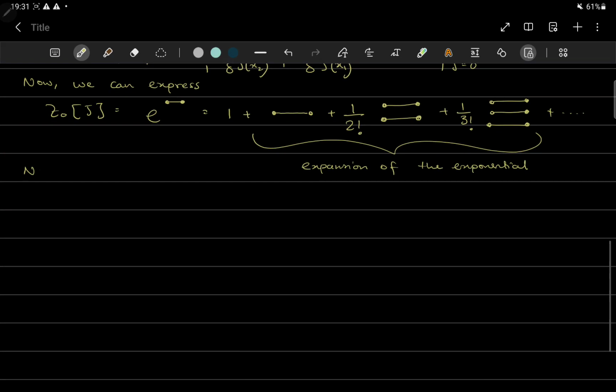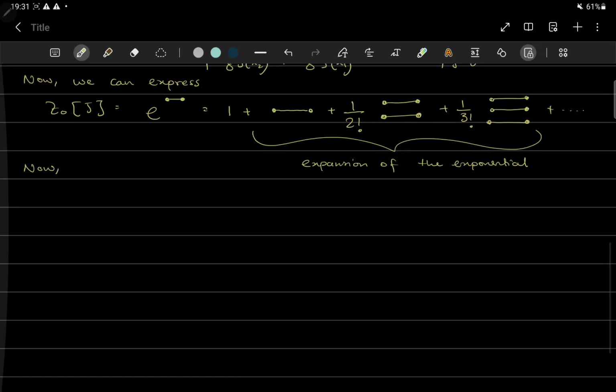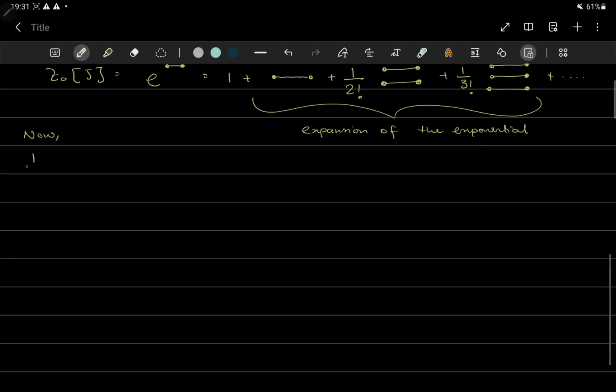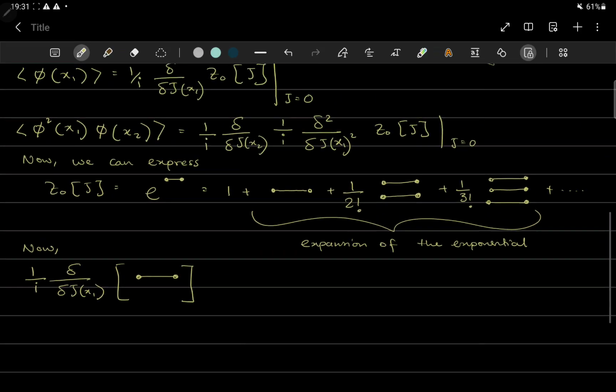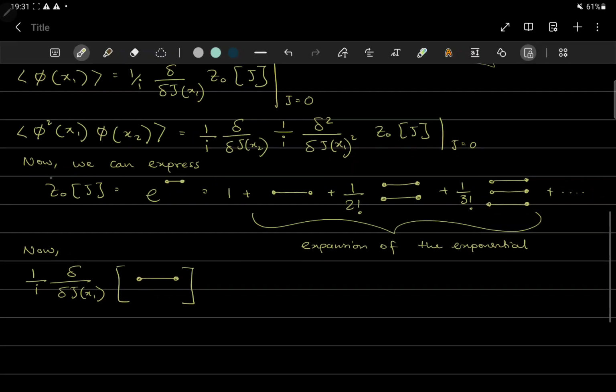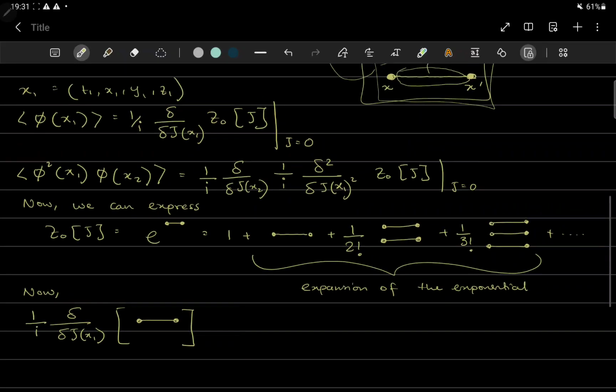Now let's write this down, which is 1 by i, del by del J(xi), and we act on this expression, because you see over here we are implying that these terms are acting on the generating functional Z0, the free field generating functional.